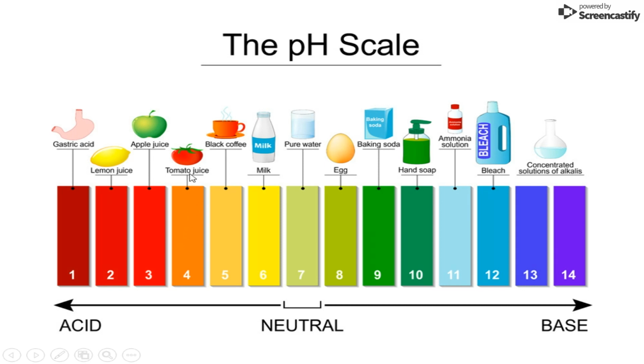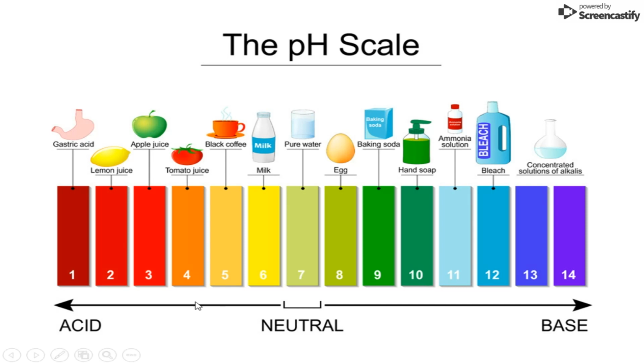We have tomato juice can be acidic. And actually, this is kind of odd. Most people think milk is basic. Milk is actually just slightly acidic. Pure water we have right here in the middle. Neutral, 7 is neutral.